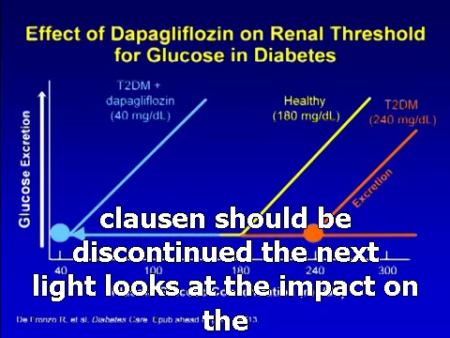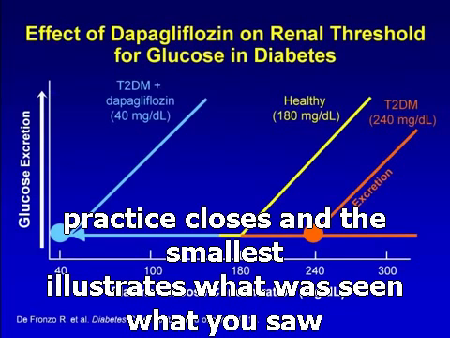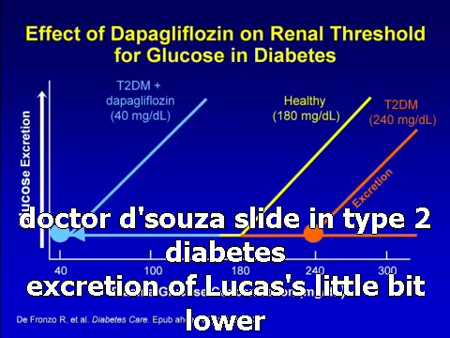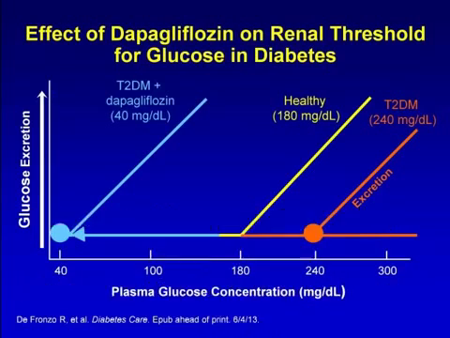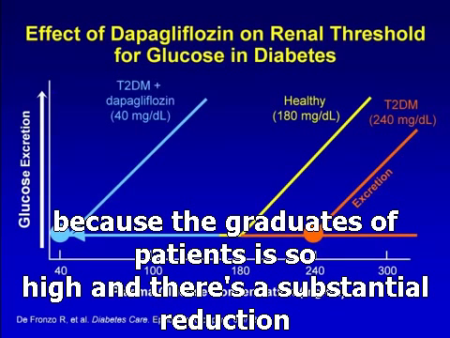The next slide looks at the effect of dapagliflozin, and this more or less illustrates what you saw with Dr. D'Souza's slide, where in type 2 diabetes, excretion of glucose is a little bit lower because the renal threshold has been moved up, although you do get glycosuria because the blood sugar in some patients is so high.